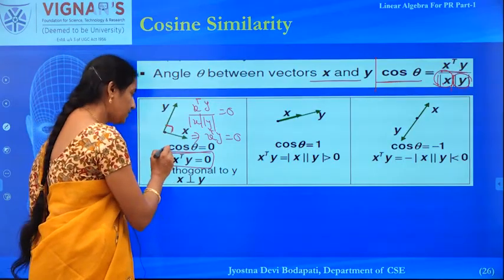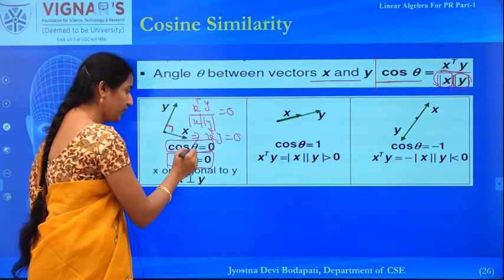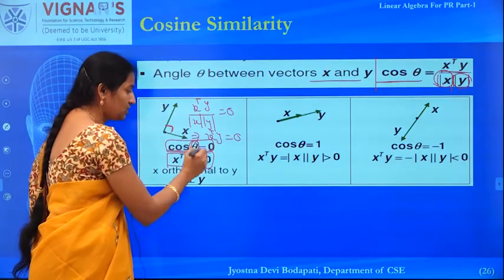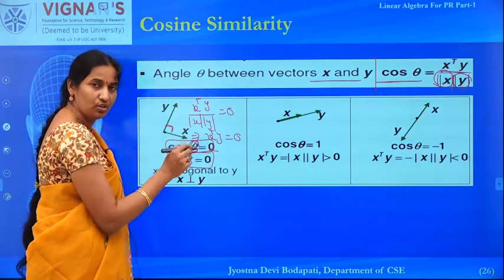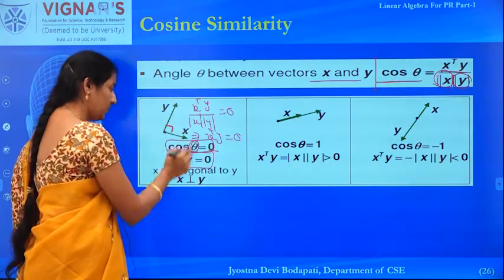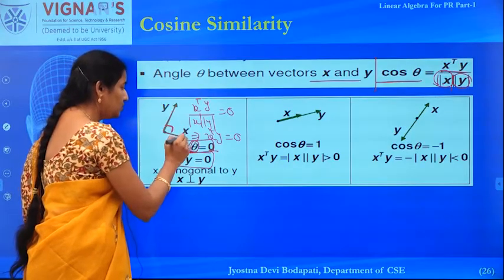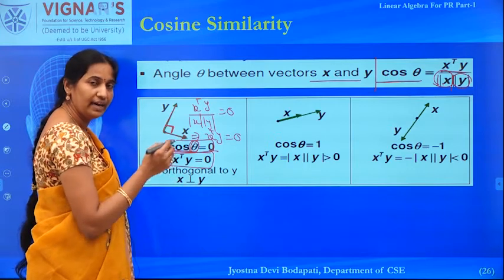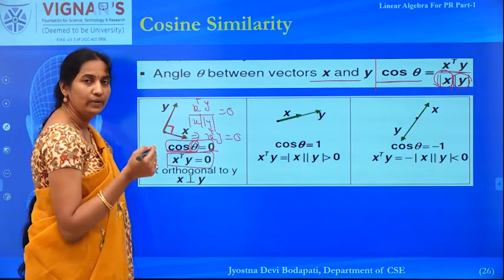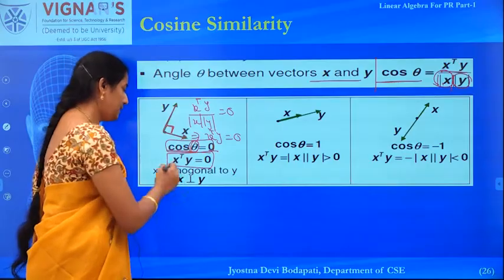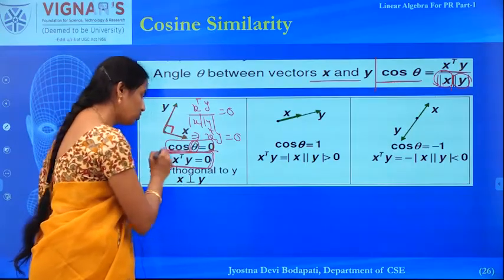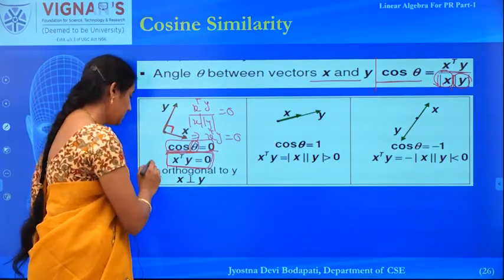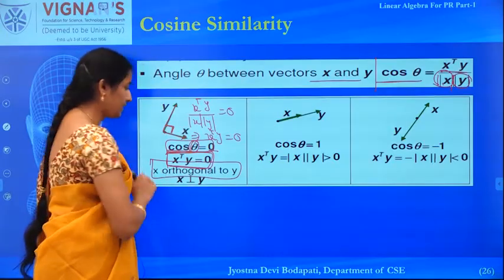For what value of theta is cos theta 0? It is cos 90 that is 0, right? So that means the angle between these two vectors is 90 degrees. If the angle between the two vectors is 90 degrees, you can say that the inner product between these two vectors is 0 and they are called orthogonal vectors.